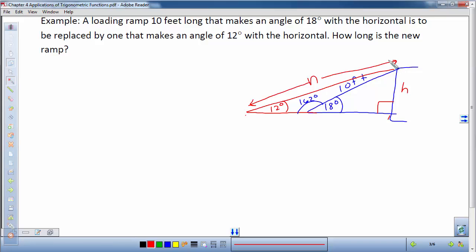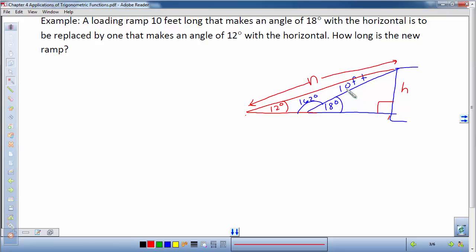So I've got the angle opposite this thing that I'm trying to find, and I also have a pair, an angle and the opposite side. Whenever I've got that pair, given one of them being unknown, I can use the law of sines. Does everybody see that?